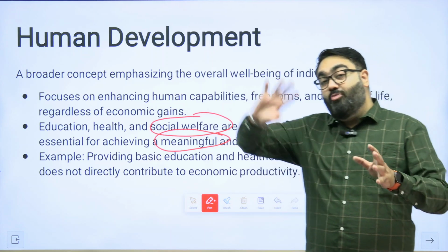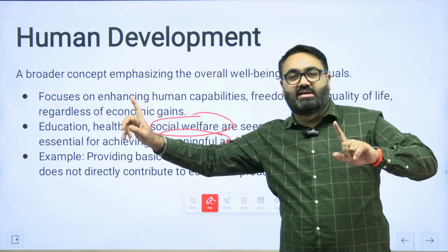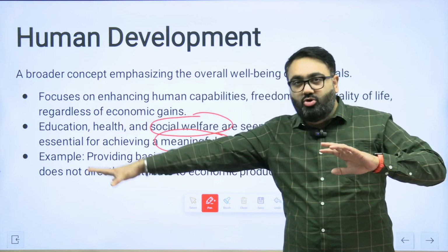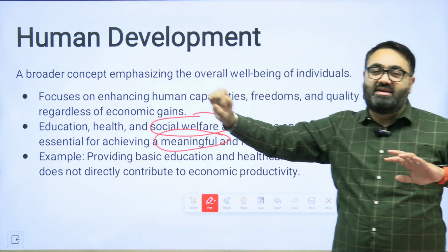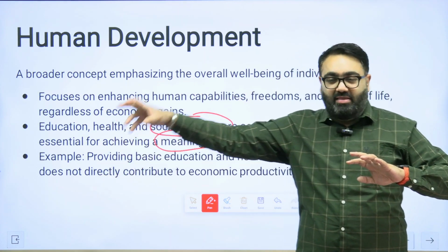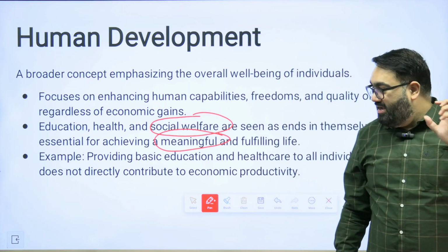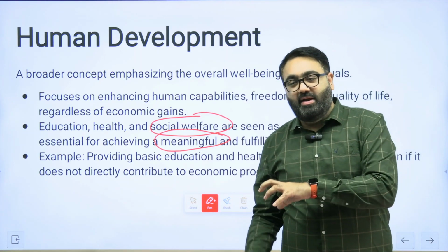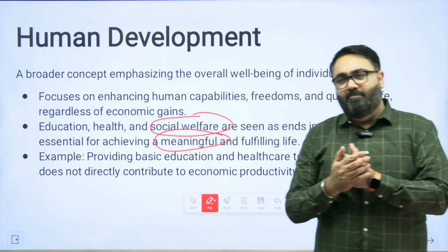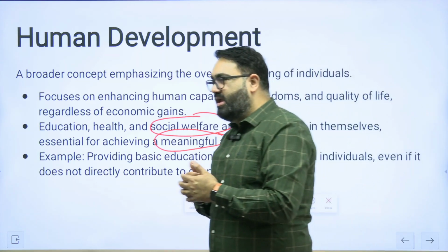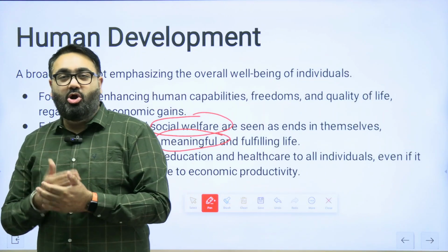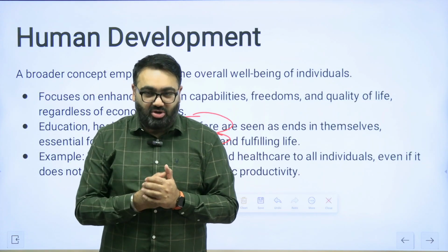In case of human capital, that is not the desired result. Because in case of human capital, when all this expenditure has been done from the government, when the government has invested in your upbringing, the government has invested a lot of money in your development, the government would expect that at the end of it, there will be a good amount of economic output that they can expect from your side.